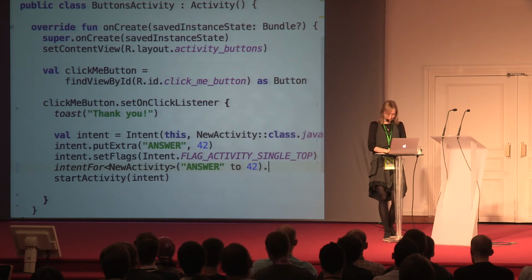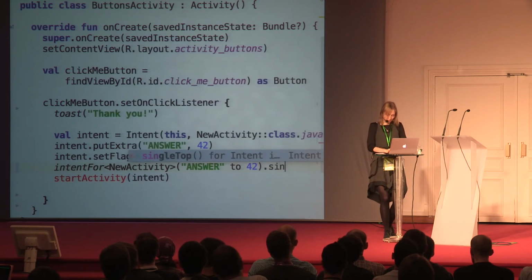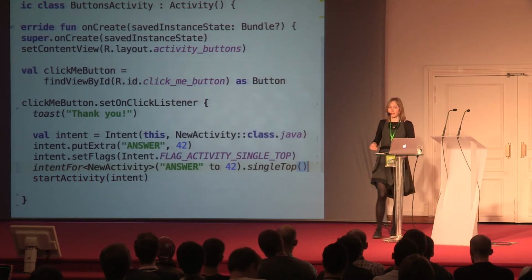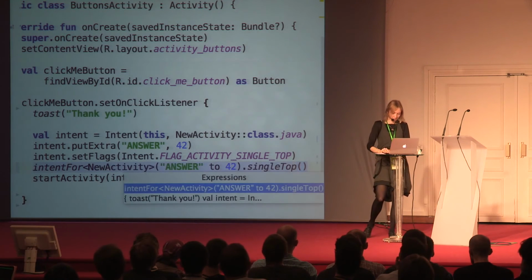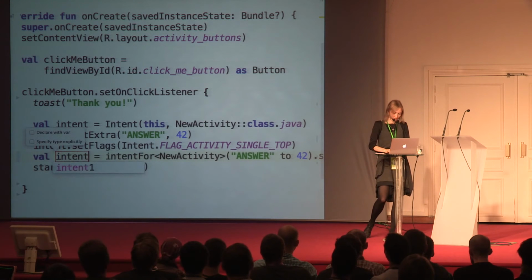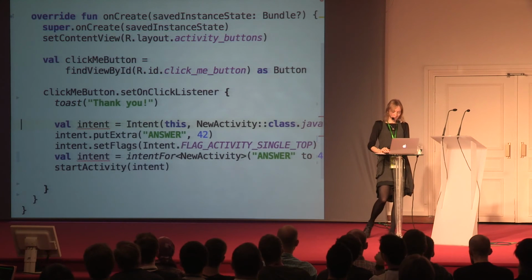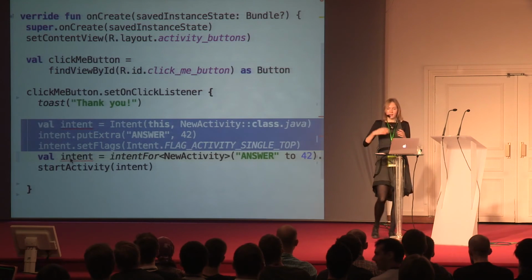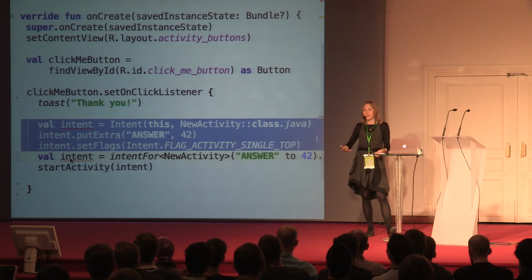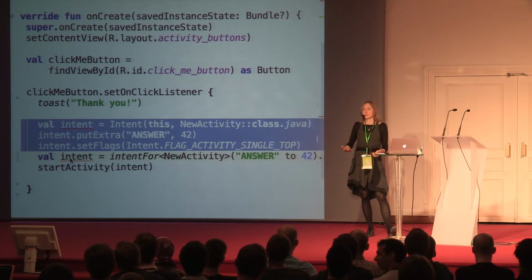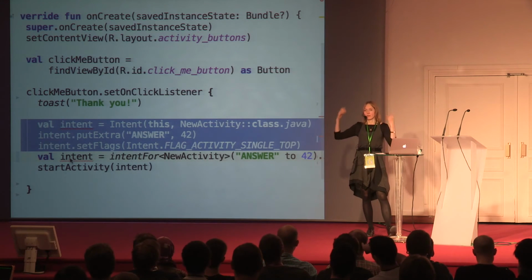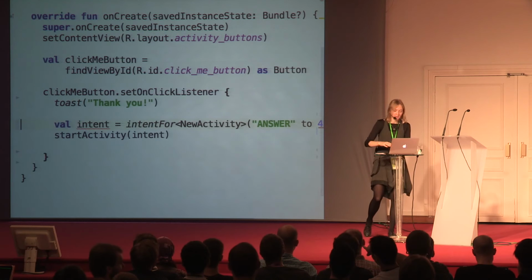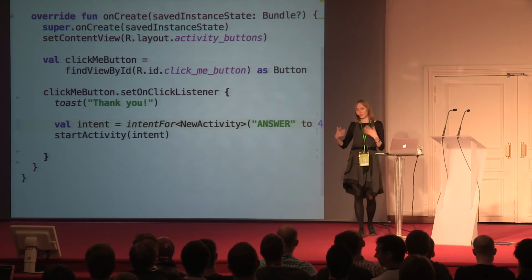Again, there is a flag, and this flag is again an extension function. So we can simplify this code. We use extension functions, and it allows us to eliminate some verbosity of usual Java code, the ceremony that we used to have.